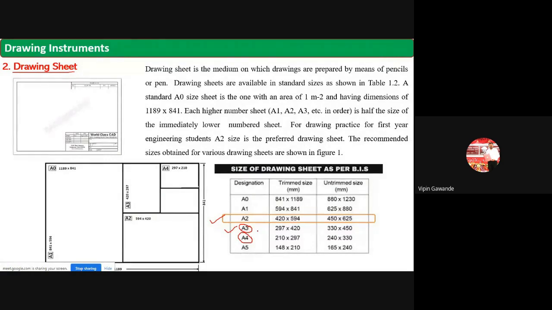If the shops are not open, just use blank pages from your practical pages for initial construction, because we have not yet started the drawings. So you can go for A4 size paper also.